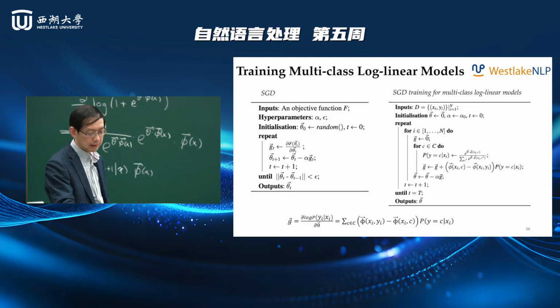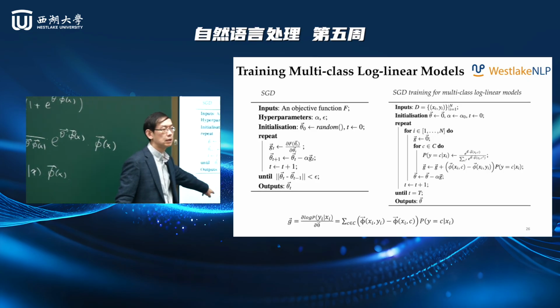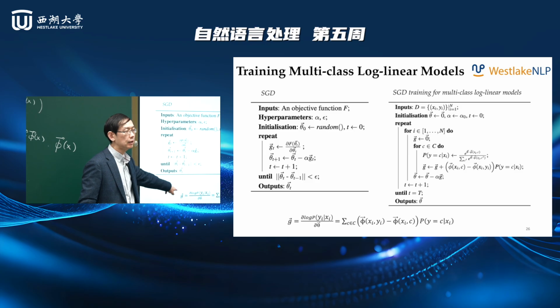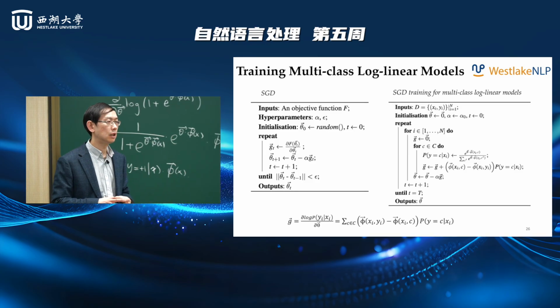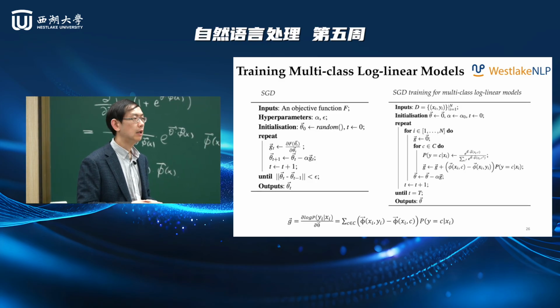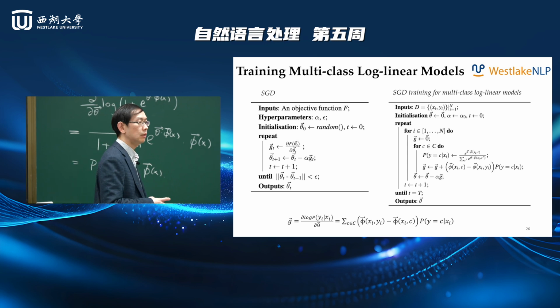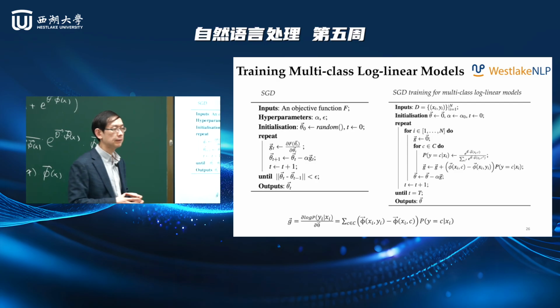So I just replace that gradient. The gradient is written on the bottom of this slide, okay? I plug this into SGD. I got a training algorithm for the multi-class log linear model. So basically, I randomly initialize my model parameter, and I go through all the training instances for t iterations.